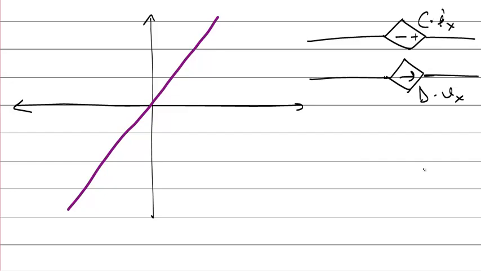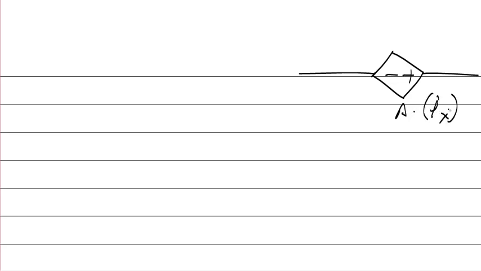For example, how can a dependent source be non-linear? If you have a source like A times Ix squared, this is a dependent source too.